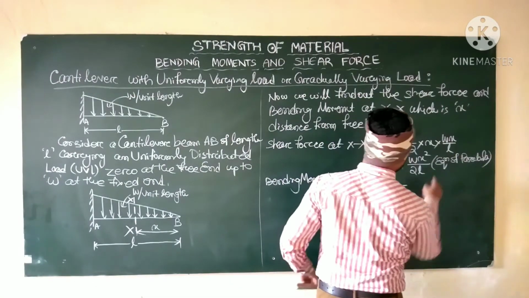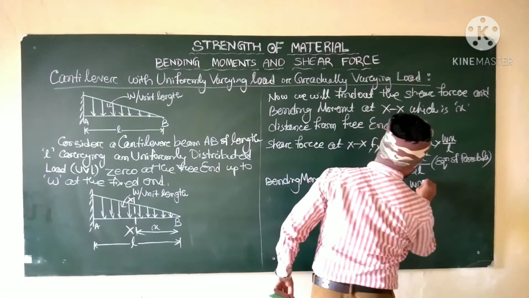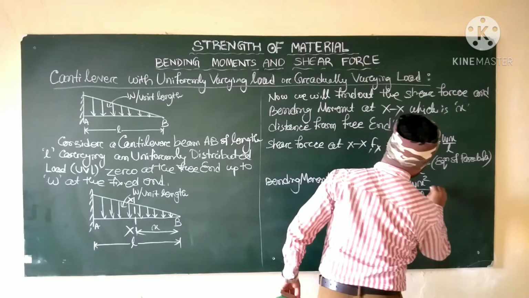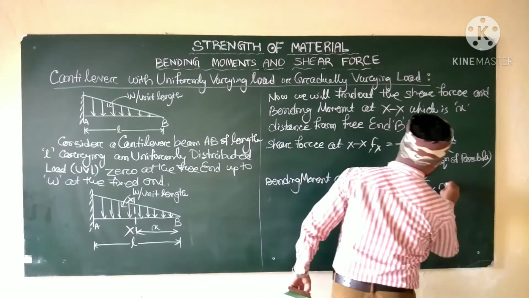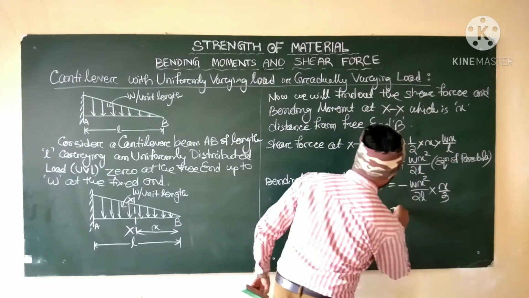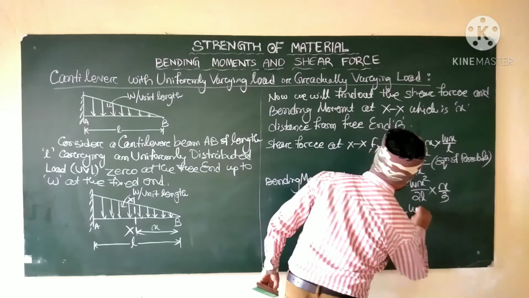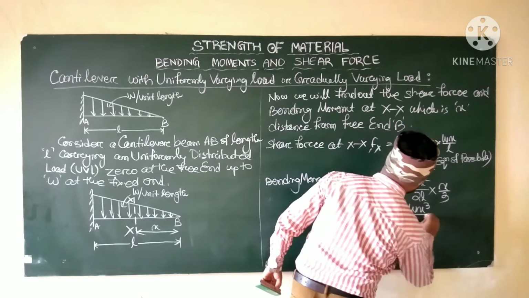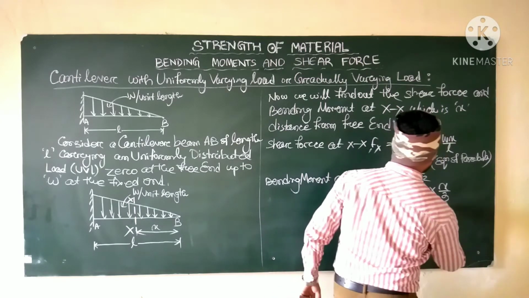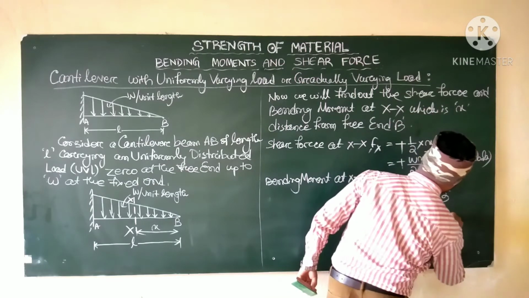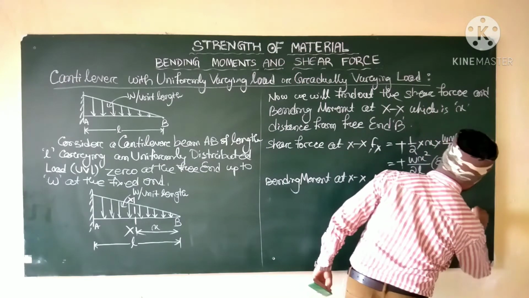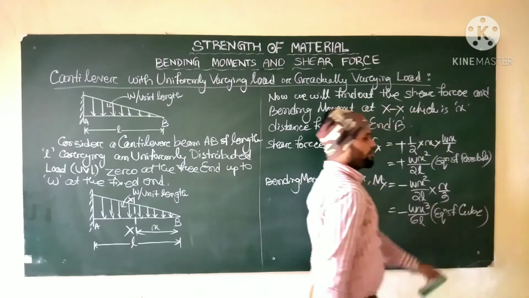So minus, the force is wx square by 2l and simply multiply by x by 3. Then the result will be minus wx cube by 6l. This is the equation of a cubic.